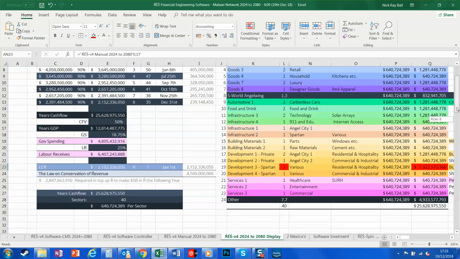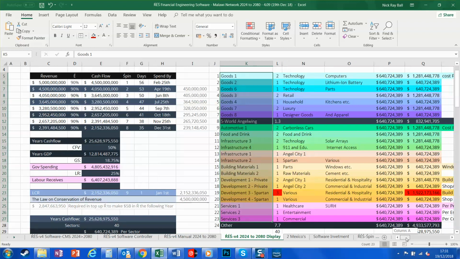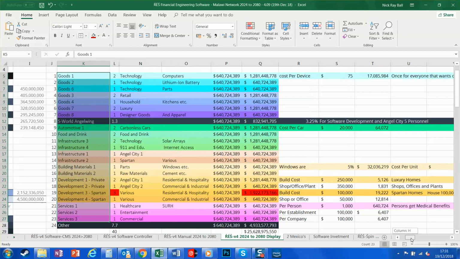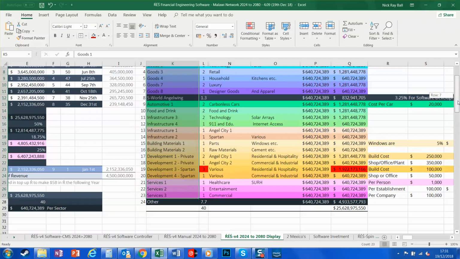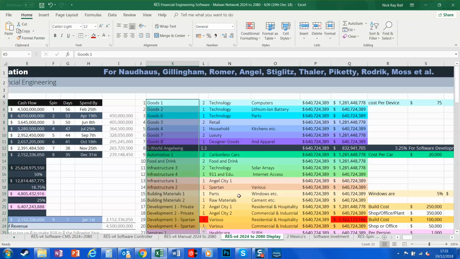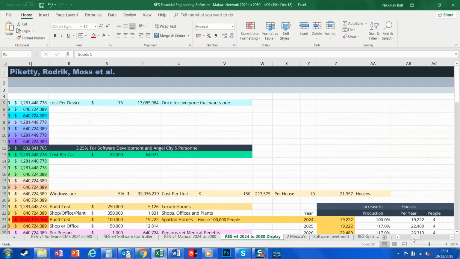So, what this is, is all various different things which divide the cash flow into 40 different columns.